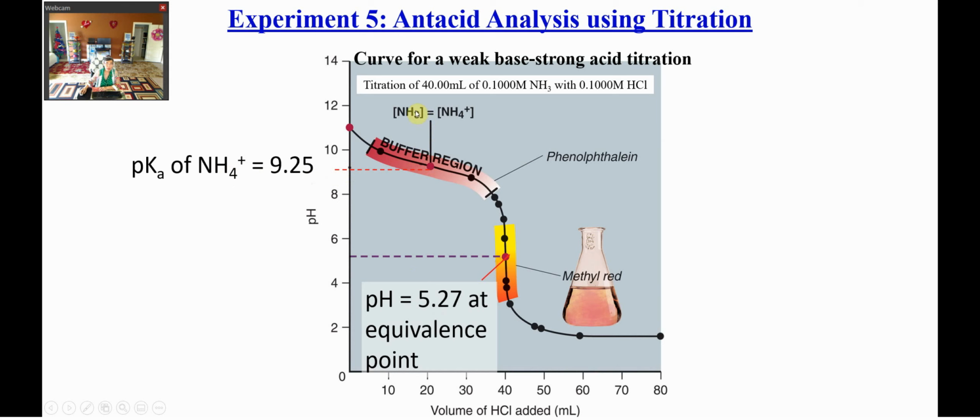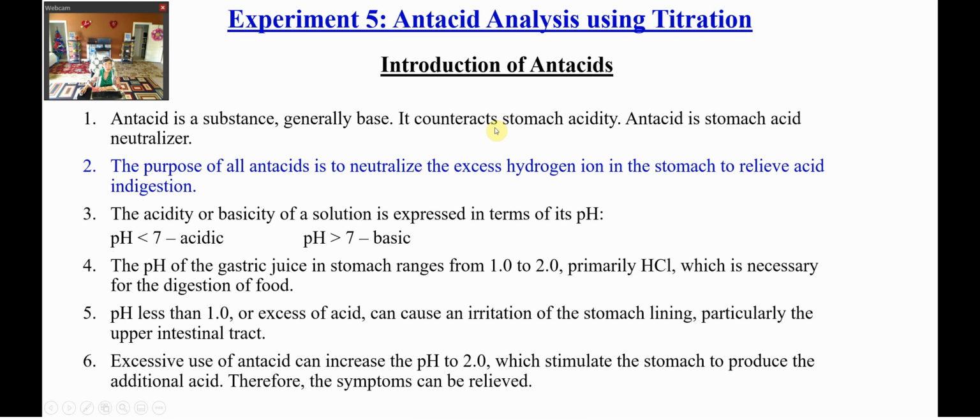At this point, the weak base and its conjugate acid have equal amounts. At this point, your pH equals your pKa, not pKb, the pKa for the conjugate acid. Then at the equivalence point, you are going to find the color change. So that's the third titration curve.